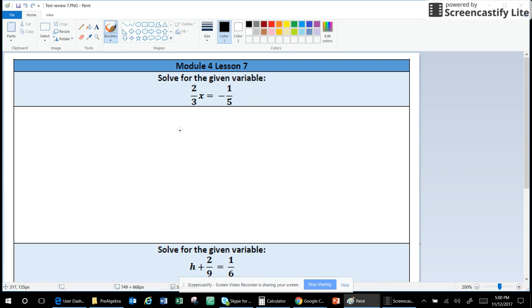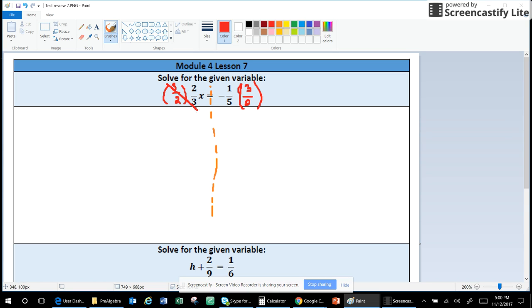It says solve for the given variable. We got 2/3 x equals negative 1/5. Again, whatever I do to one side, I'm going to do to the other. I see that I'm multiplying a fraction to the variable. We should be thinking when I multiply by a fraction, I need to multiply by its reciprocal to get it to cancel. So I'm going to multiply this side by 3 over 2, and the same thing over here.